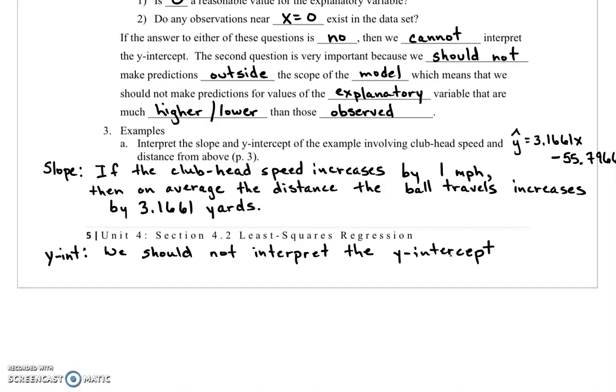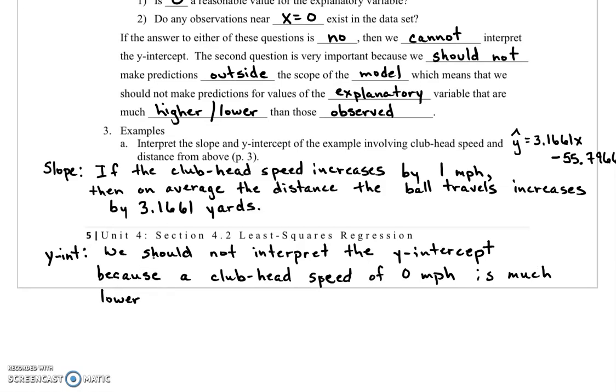And that is because a club head speed of 0 miles per hour is much lower than any of the observed values.